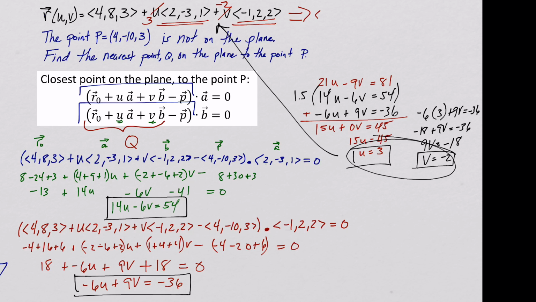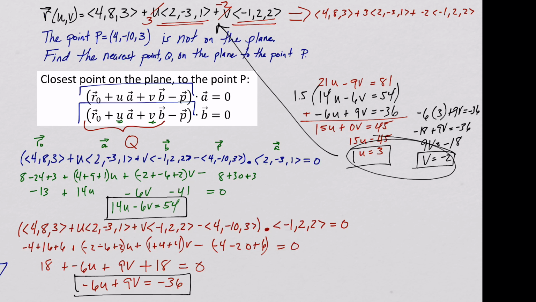We've got this vector 4, 8, 3 plus 3 times the vector 2, negative 3, 1 plus negative 2 times our vector negative 1, 2, and 2.